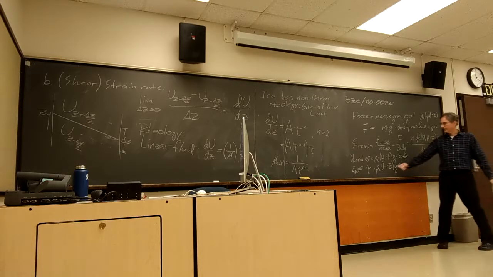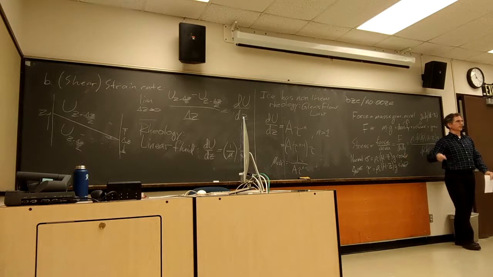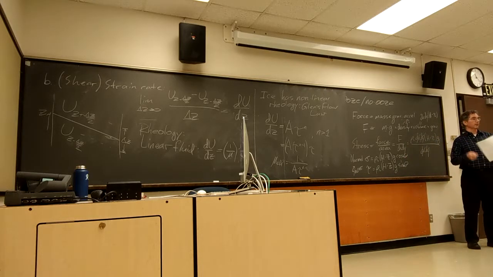And then as we get closer to the bed and the shear stress increases quite a bit, that means our effective viscosity goes down dramatically. So our deformation is going to occur much more near the bed than it is up high.